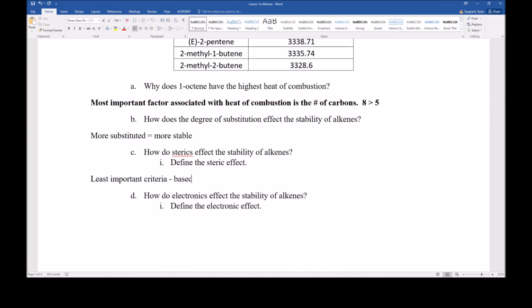And it's based on the cis versus trans of the groups across the double bond. And cis is bad, trans is better.